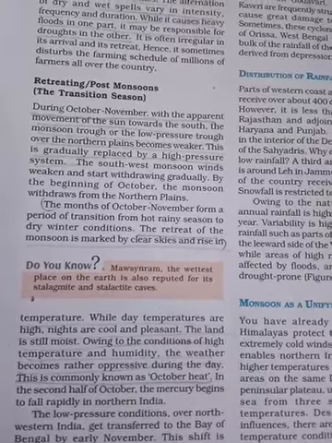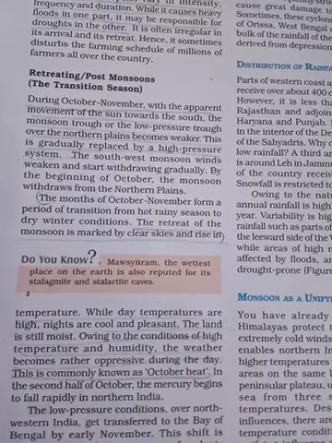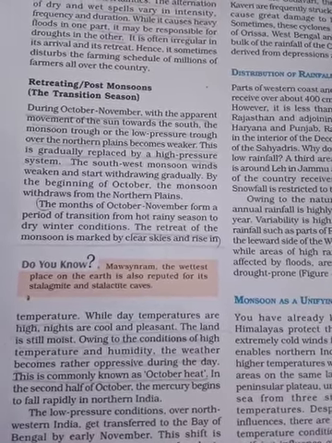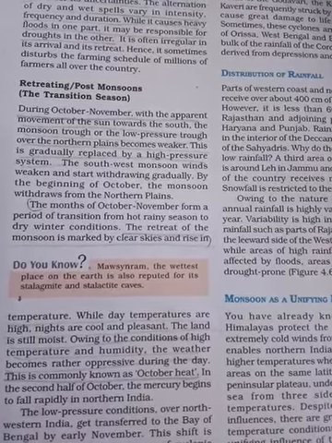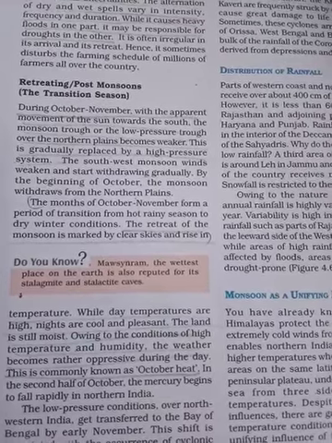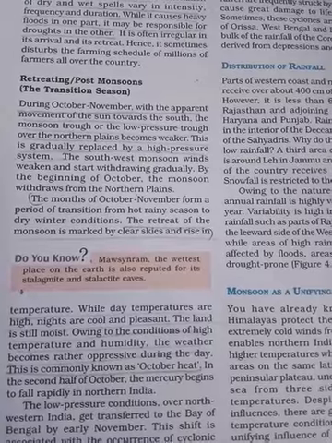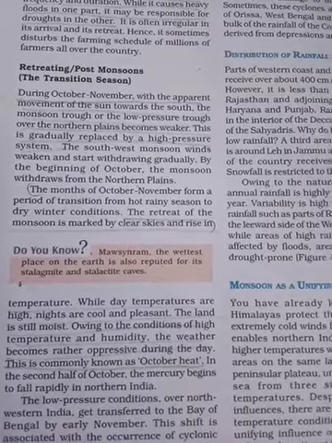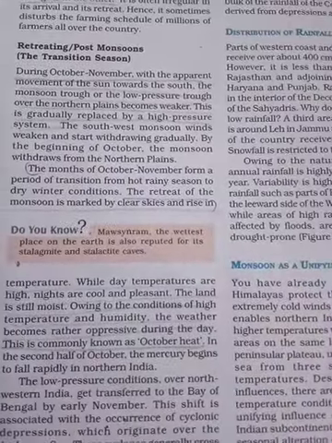The monsoon trough, or the low pressure trough over the northern plain, becomes weaker and is generally replaced by a high pressure system. So the southwest monsoon wind weakens and starts withdrawing.